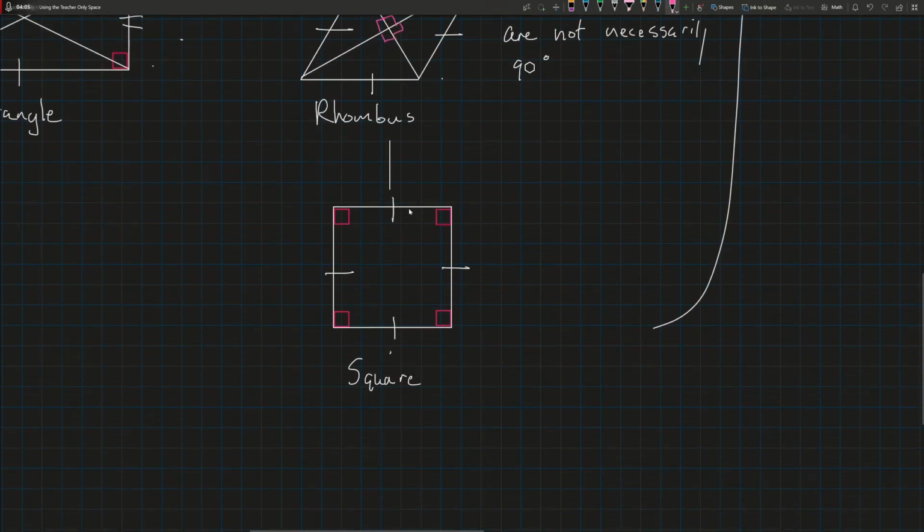And finally, for the square, we can see that again the diagonals are perpendicular to each other. So this is D1 and this is D2. So I know that D1 is perpendicular to D2.